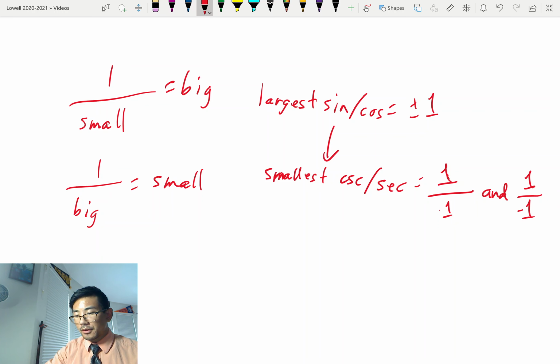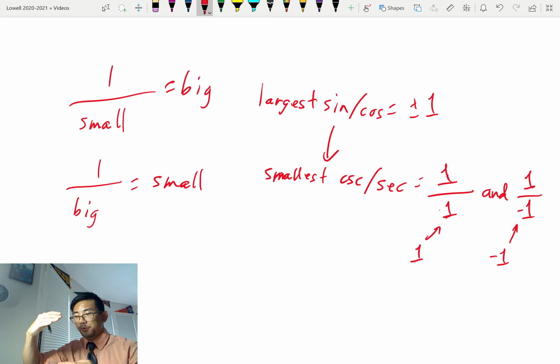Again, I'm talking about smallest in magnitude. So the smallest that secant and cosecant ever get is 1 and -1. That's the smallest in absolute value.